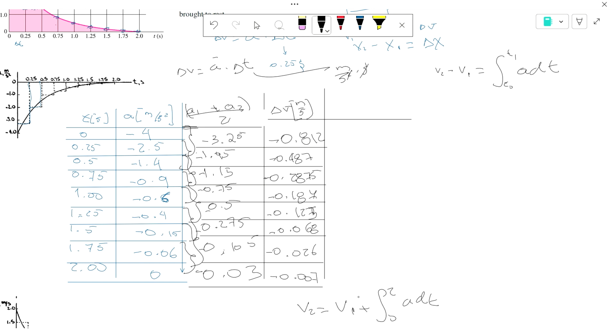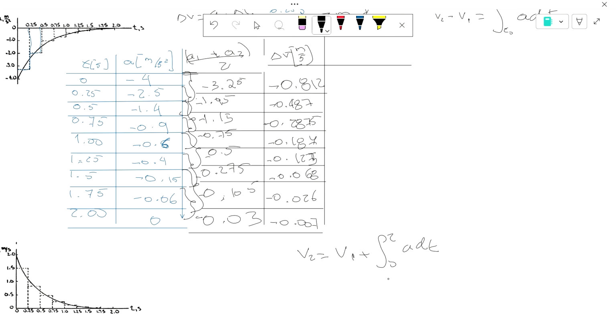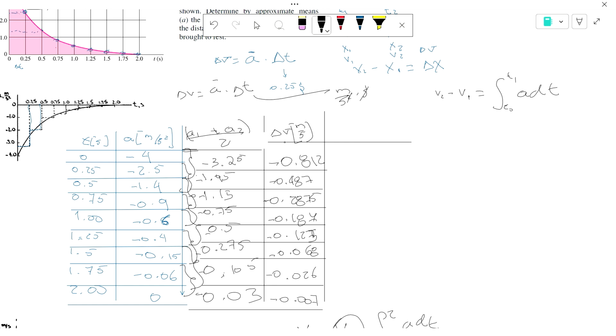So in this case, if we remove the acceleration term, you're going to be able to do this as a summation of delta t's. And then we have velocity. All right, so what we're going to do is take the velocity to the other side of the equation. Remember, delta v is v2 minus v1.